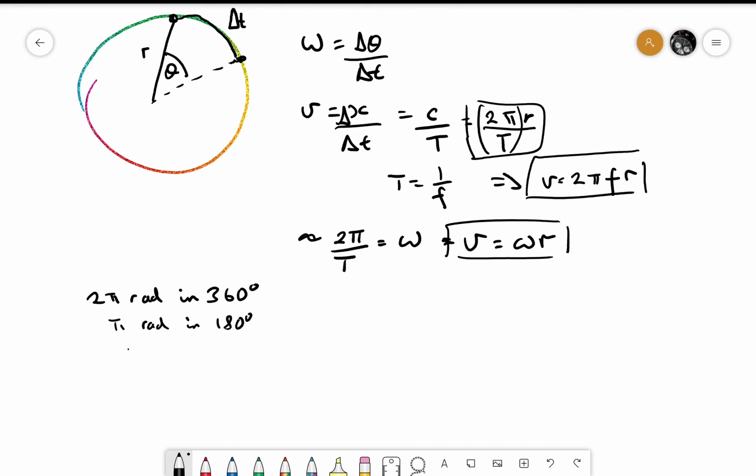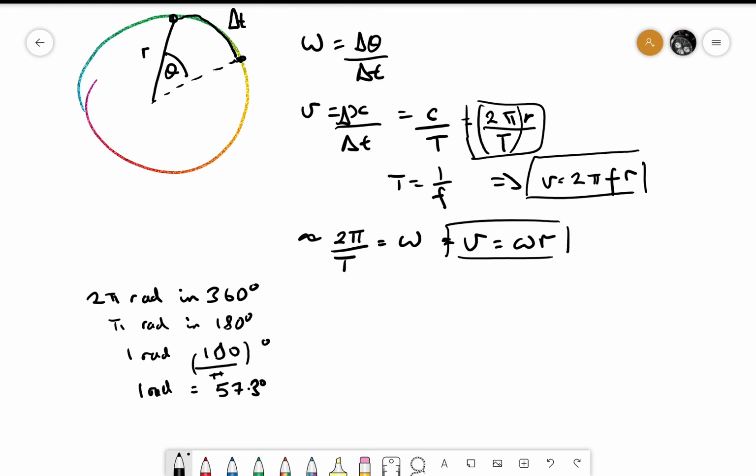So you can work out what 1 rad is by dividing 180 by pi. Okay, and that would obviously be in degrees. So 1 radian is equal to 57.3 degrees.